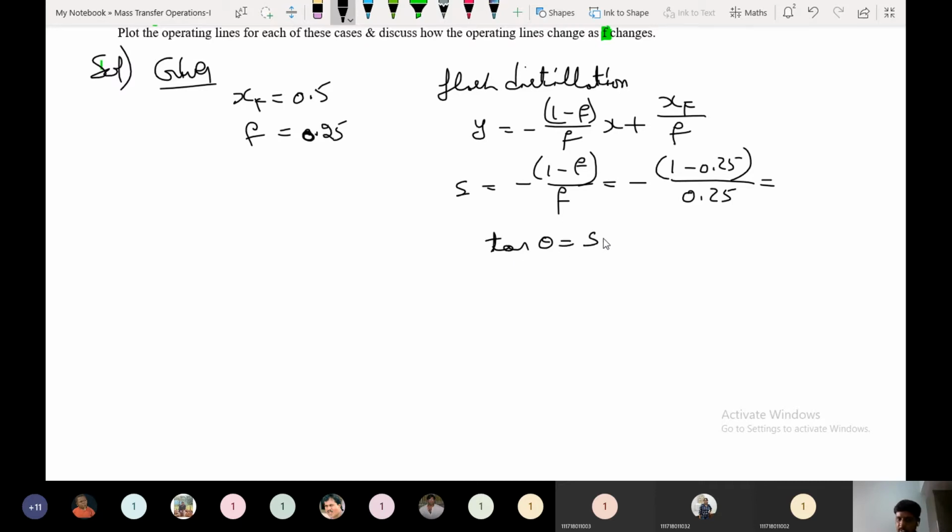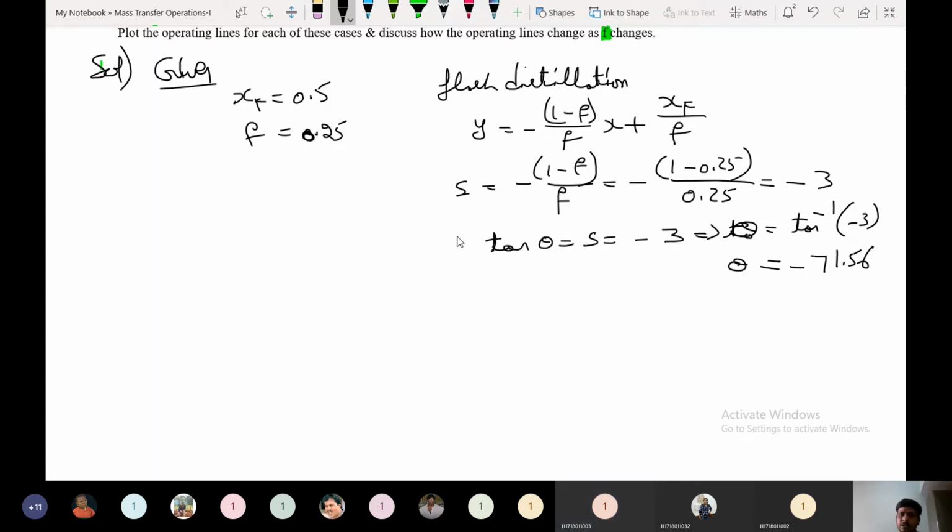Tan theta is equal to the slope. What is this value? 0.75 divided by 0.25? -3, sir. -3. So theta is equal to tan inverse of -3. How much? -71.56.